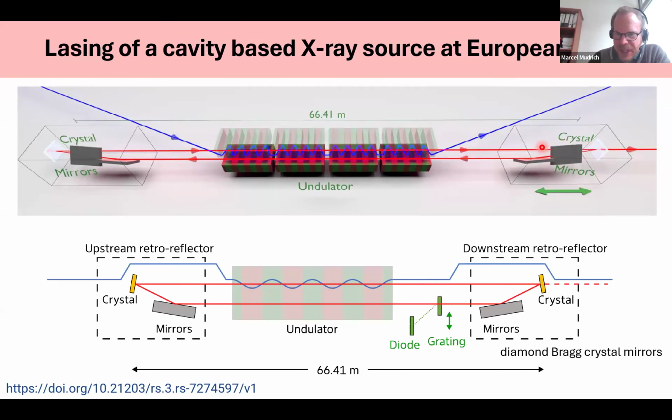So it's two diamond Bragg crystal mirrors on each side, which are just good enough to reflect enough of the X-ray pulses to close the cavity and have actual laser operation. And you can insert a grating here and refract some of the light out for measurement purposes.